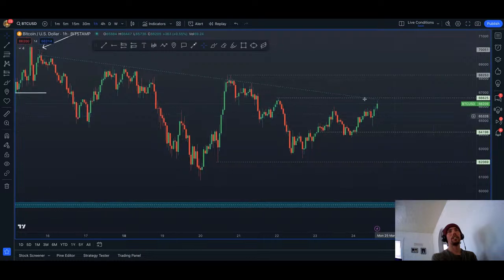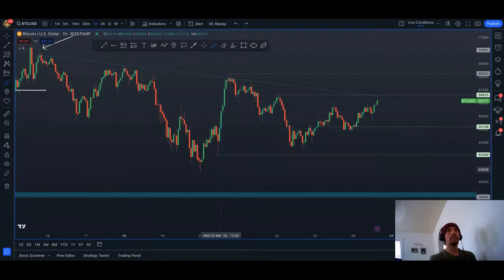So we'd be looking for a touch in here, maybe a little bit of price above, and then be looking for some sells back below here. Just like so. Easy peasy.